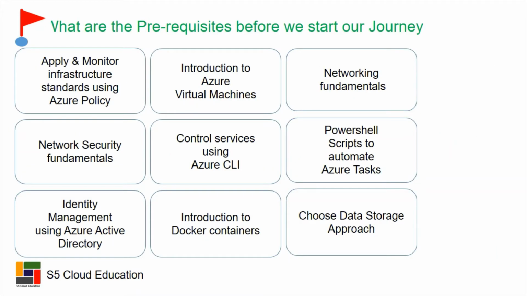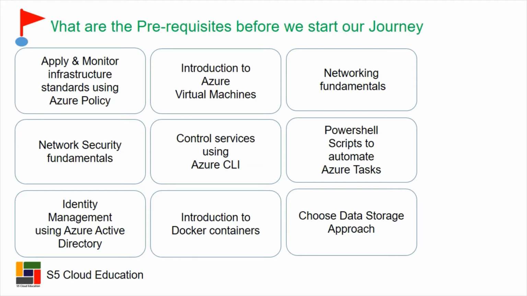The prerequisites for this certification include: 1. Apply and monitor infrastructure standards using Azure Policy. 2. Introduction to Azure Virtual Machines. 3. Networking Fundamentals. 4. Network Security Fundamentals. 5. Control services using Azure CLI. 6.